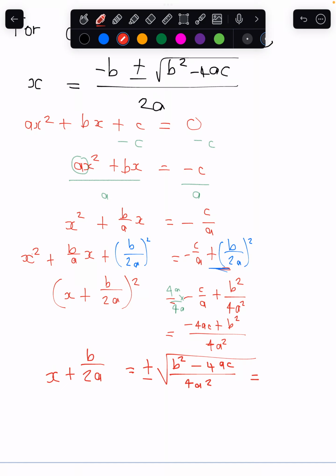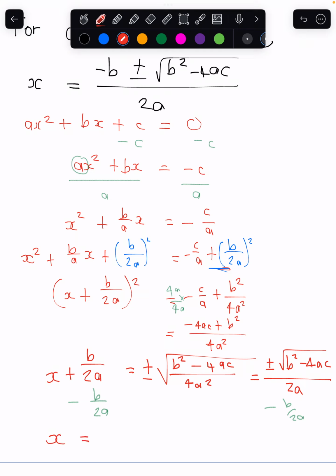And we don't have to plus or minus both the bottom and the top. We can just decide where we want to take the plus or minus, right? So that will be plus or minus root of b squared minus 4ac, and the square root of 4a squared is 2a, right? And then now, grand finale, we need to minus b over 2a on both sides.